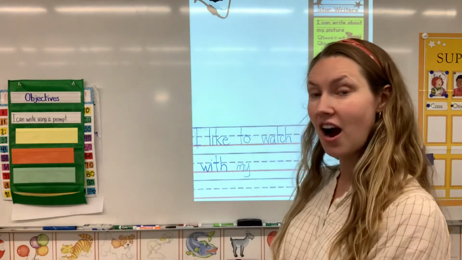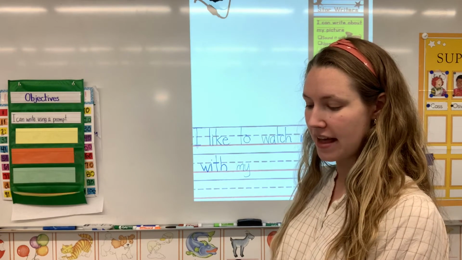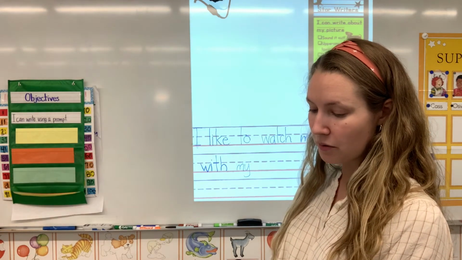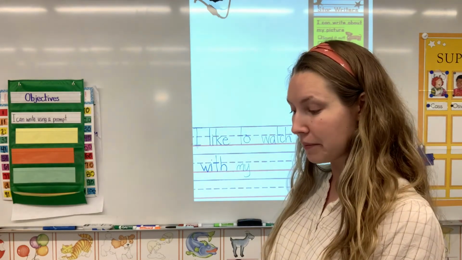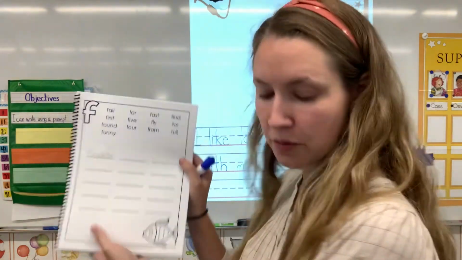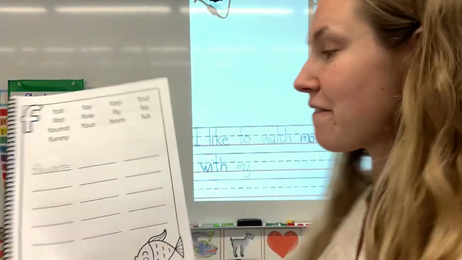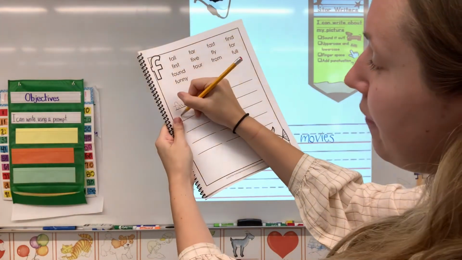friends. Let's check our letter F for friends. And if it's not there, then we'll add friends because that is a great word to have in our vocabulary as well. Friends. Ooh, we don't have it. So let's add friends.